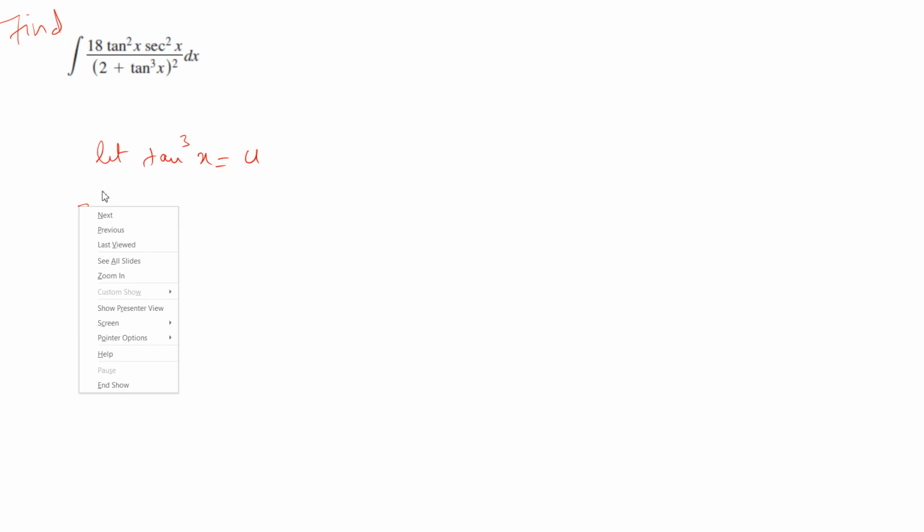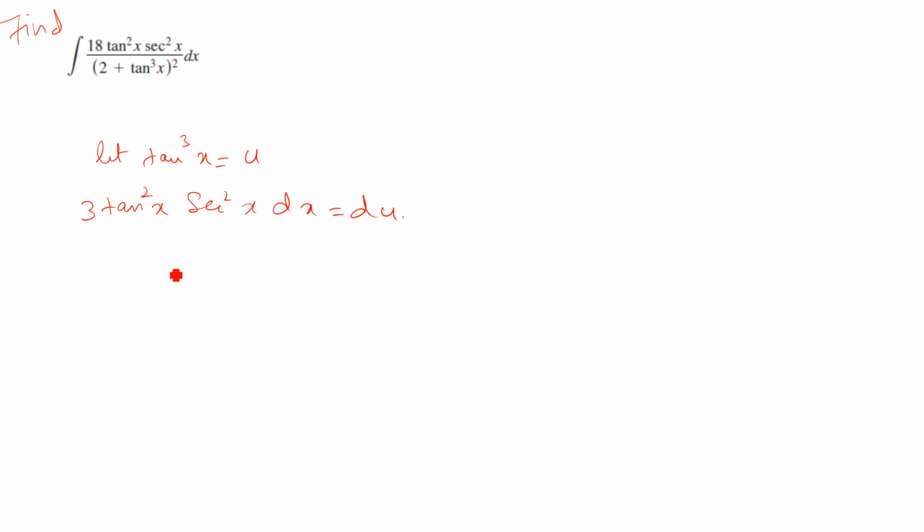We have to take the differential: 3 tangent square x into the derivative of tangent, which is secant square x, dx is du, right?